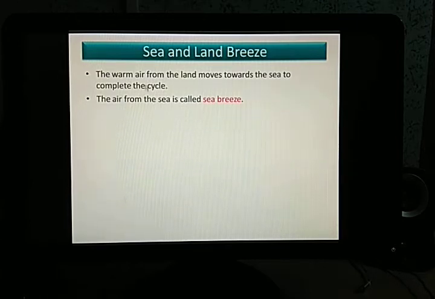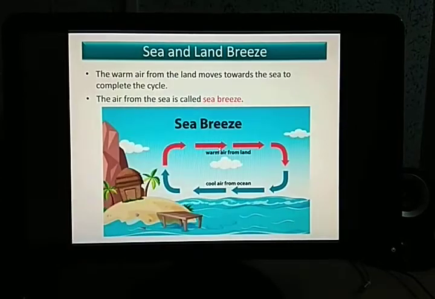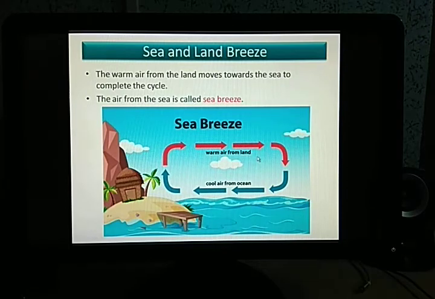Now to explain this point, let me show you a picture. This is the whole mechanism of how the sea breeze is formed. The mechanism is very simple. As we know, during the daytime, the land becomes hotter more quickly than the ocean or the sea. The reason I have already given you.